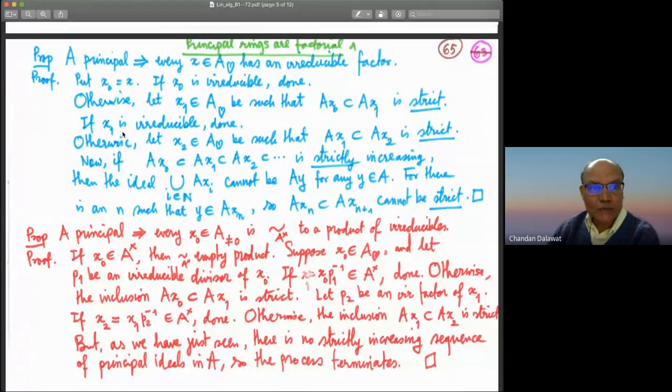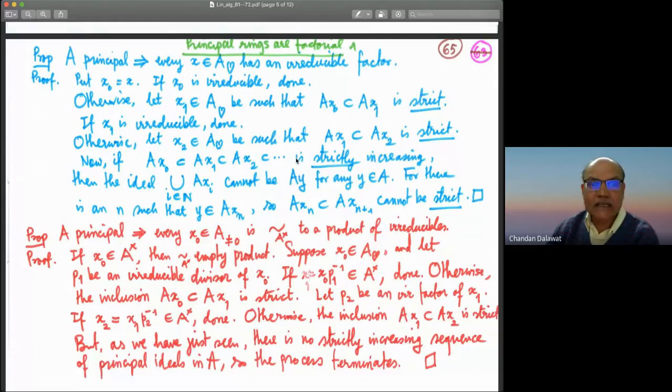Okay, if x1 is irreducible, we are done. Otherwise, we can find an x2 in A heart such that Ax1 is strictly contained in Ax2. Same as before. So we will get a strictly increasing sequence of ideals, Ax naught contained in Ax1, contained in Ax2, and so on.